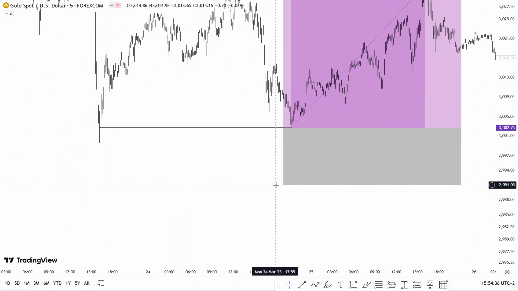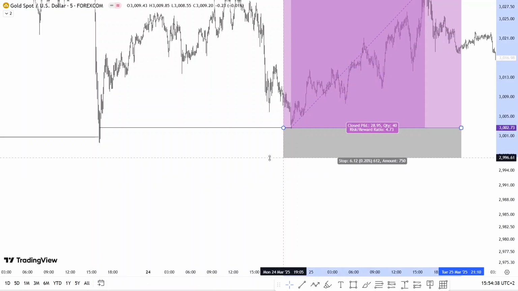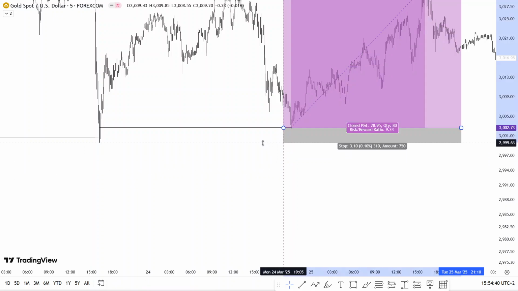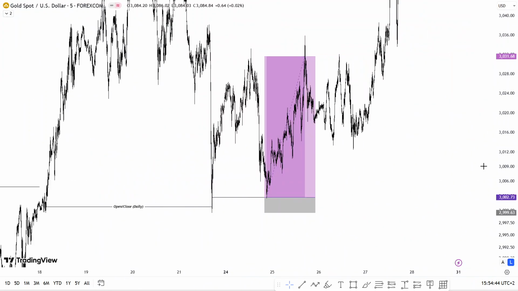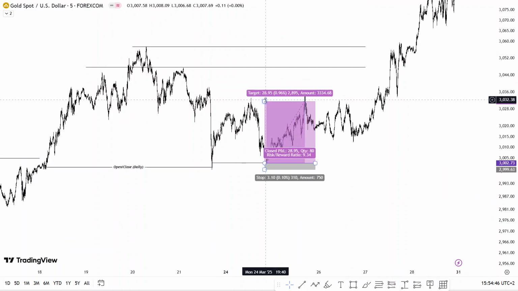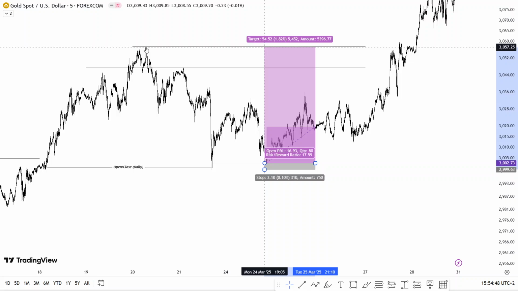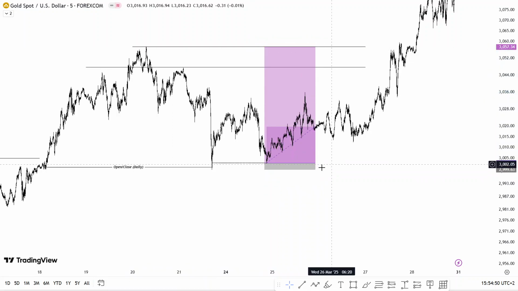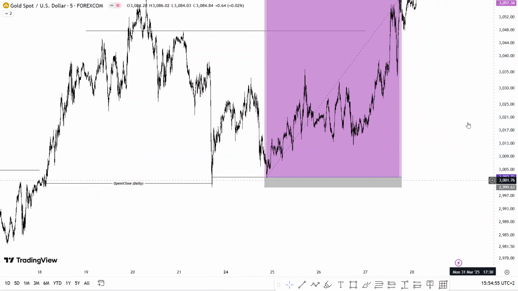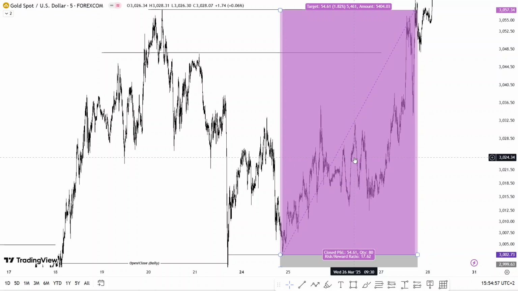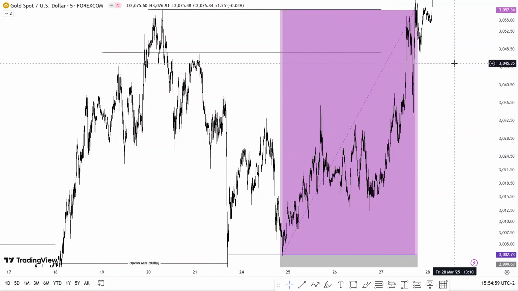So 30 pip stop loss just below this low, right? And then yeah, but looking at the daily, you can see that the target was extremely high. So yeah, this was a beautiful 1:17, 540 pips.